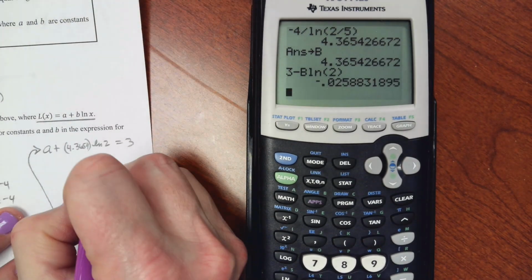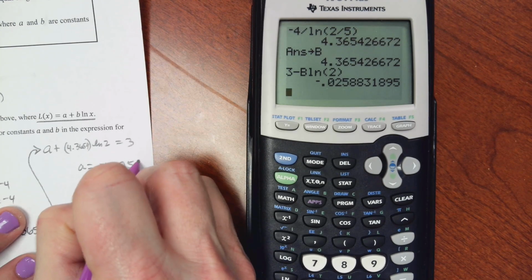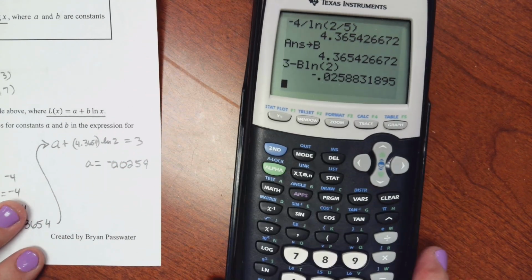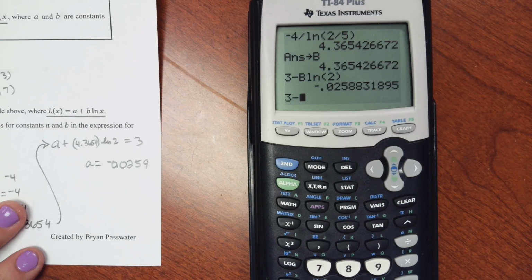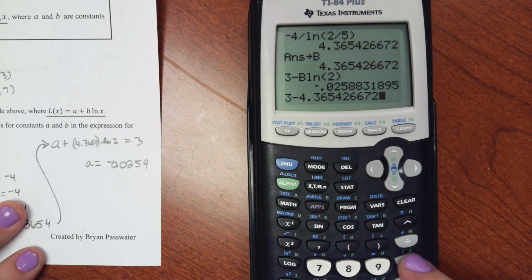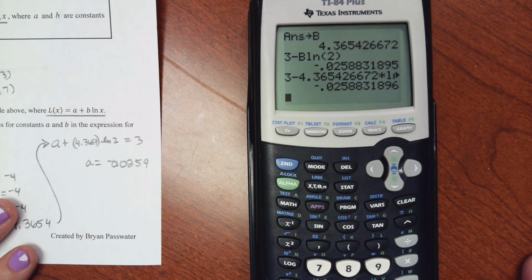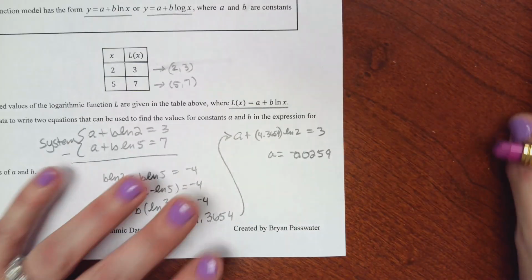And there's that answer, -0.0259. But I could have also done this: 3 minus, I could go up and grab this number, times ln 2. Either way, doesn't matter. Same thing. So there's my A value.